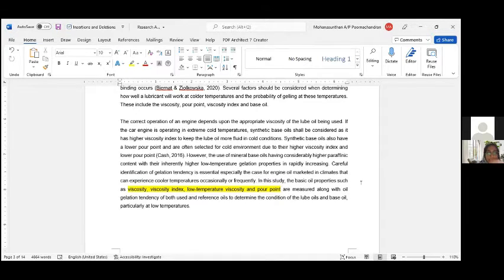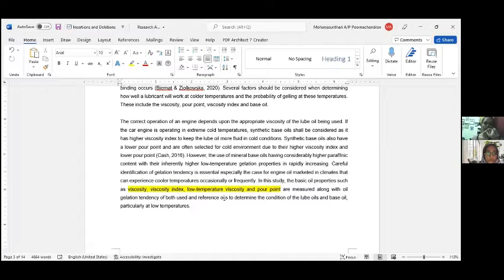We planned to look at the effect of temperature on viscosity, then the acid number, then the base number, and the gelation tendency, whether our oil has a tendency to gel. I think we divided the work: Nawawi was to do viscosity, Sharifah the gelation tendency, and I was to do the acid number.